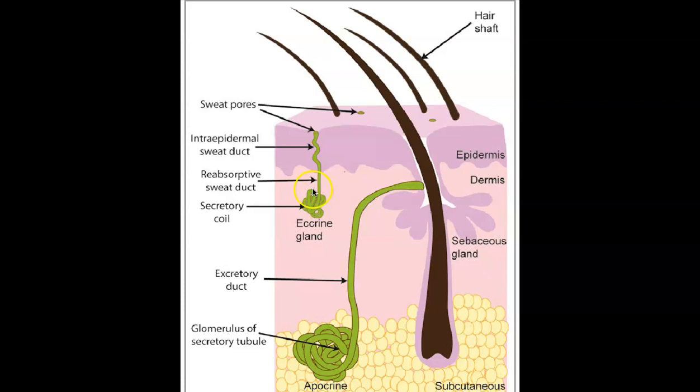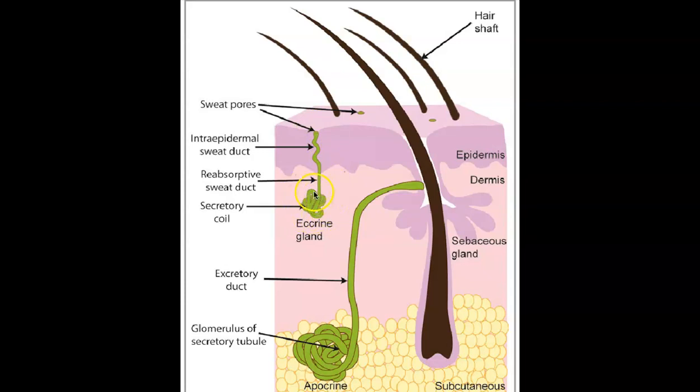These eccrine glands, when they put this fluid out onto the surface of the skin, especially the palms of your hands and the soles of your feet, do provide some antimicrobial protection, but mainly they're providing you a thermoregulatory method. As the water or that hypotonic fluid spreads out across your skin, it evaporates and thus cools the body in a steady kind of way. So those are the eccrine glands.